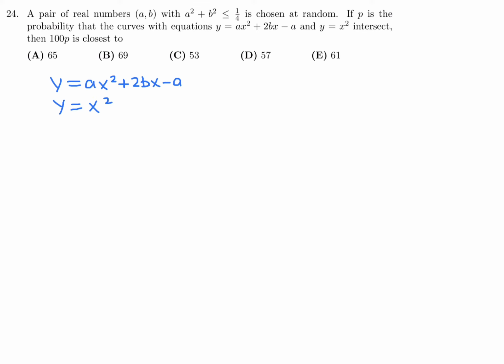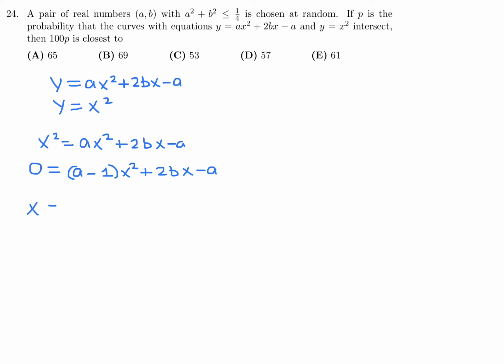Okay, well, set them equal to each other. So that means x squared would be equal to ax squared plus 2bx minus a. Put everything on one side, factor out the x squared, we get a minus 1 x squared plus 2bx minus a. Now we have to use the quadratic formula.